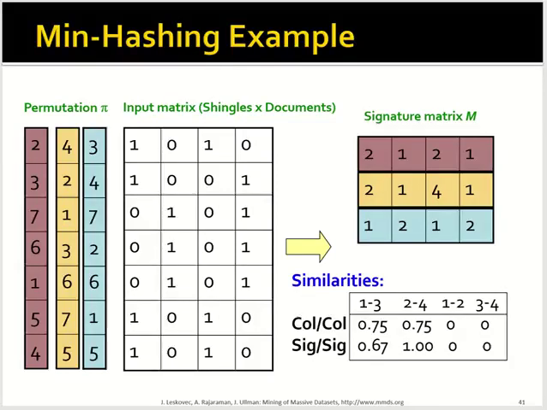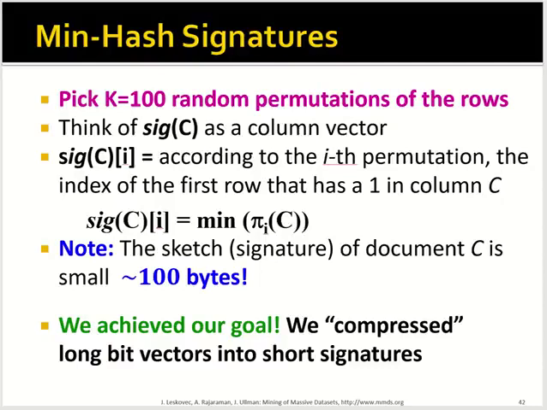Based on this example, we can easily understand the min hashing signatures here, which realize the compression function. If we pick, say, k equals 100 random permutations of the rows, we can think of the signature of a column as a column vector.